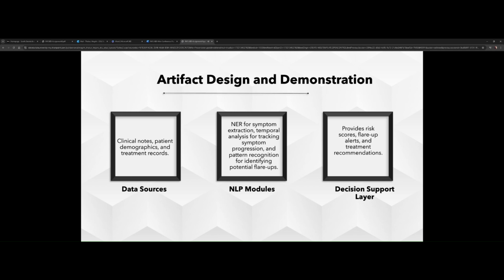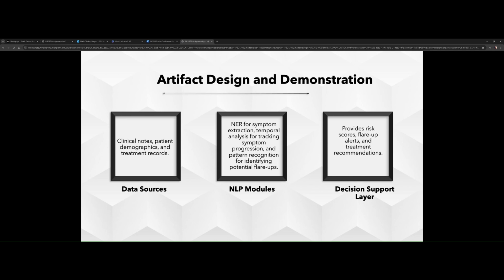We will use NER for symptom extraction, temporal analysis for tracking symptom progression, and pattern recognition for identifying any potential flare-ups. The number three here is the decision support layer. This component provides risk scores, flare-up alerts, and any recommended treatments.